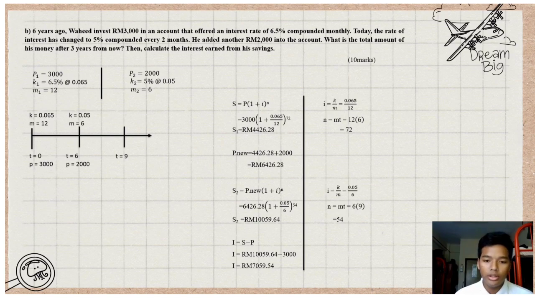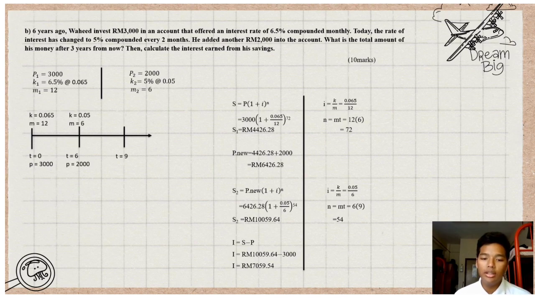We list it: 6,426.28 bracket 1 plus 0.05 over 6 bracket to the power of 54, and we got the answer S2 as 10,059 ringgit 64 cents.